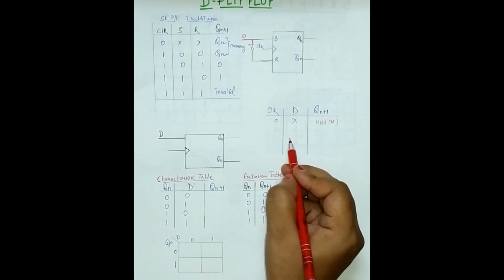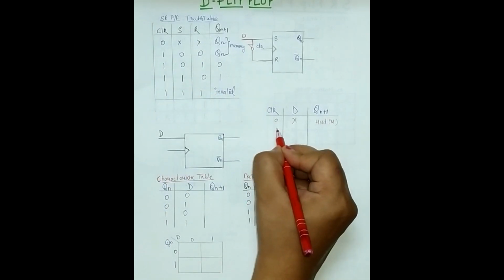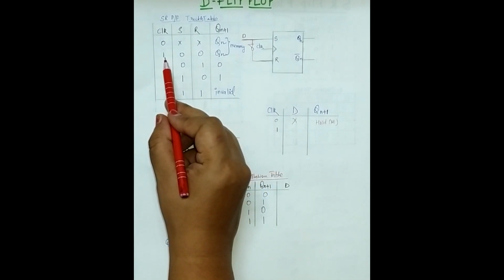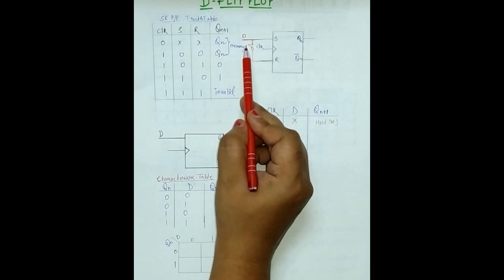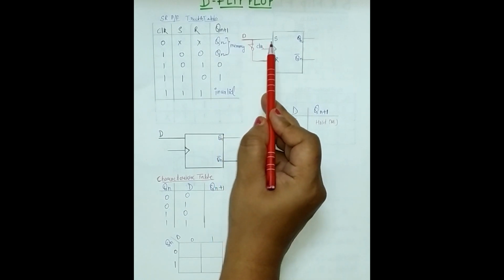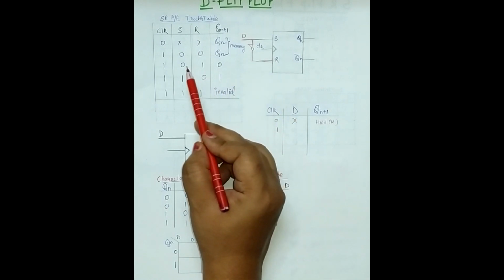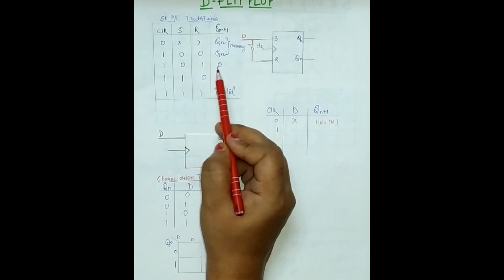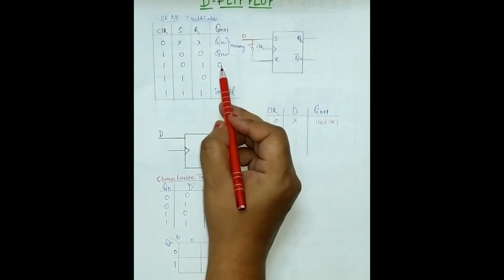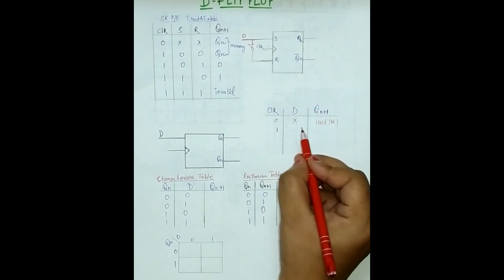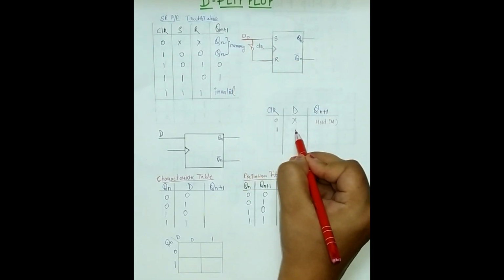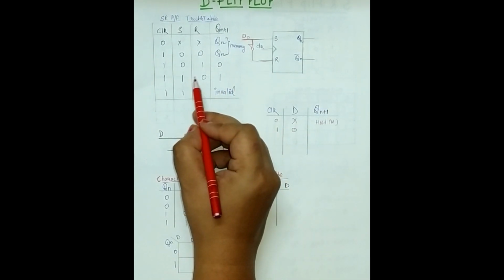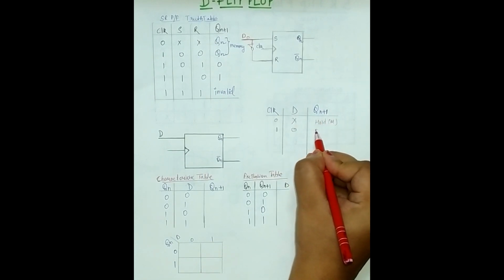Now when my clock pulse is 1, we cannot use 0 0 because we are using a NOT gate, so if one input is 0, the other input will be 1. When the inputs are 0 1, the next state is 0. So when the value of D is 0, my output will be 0.